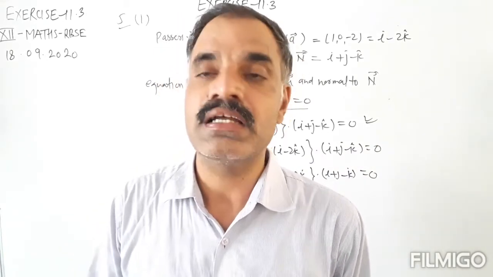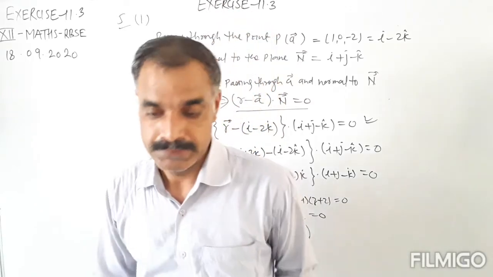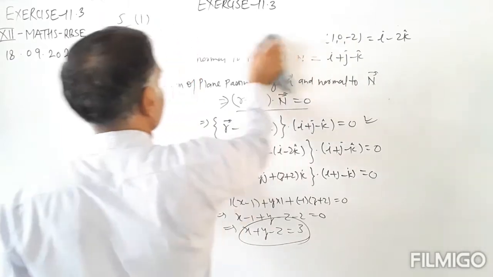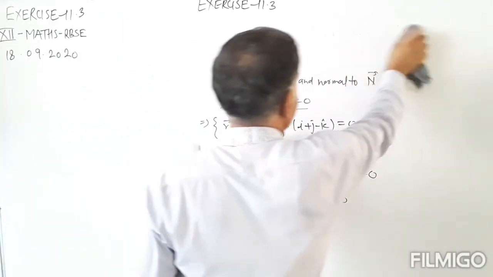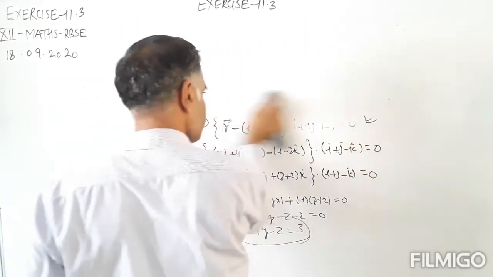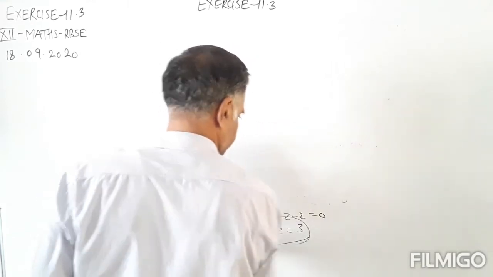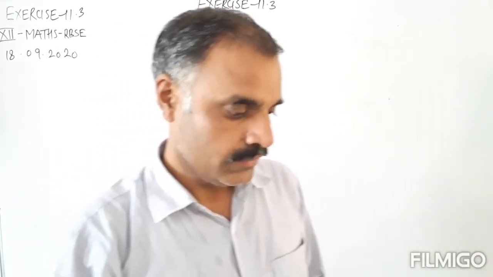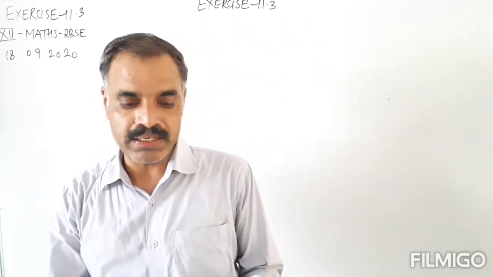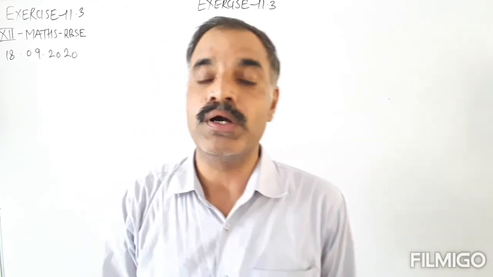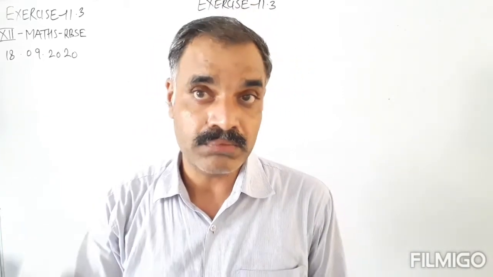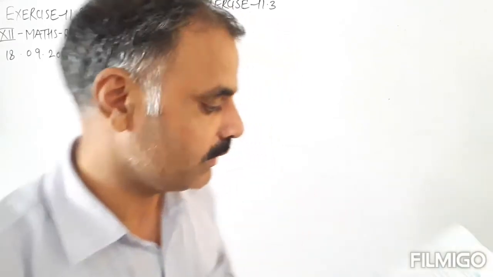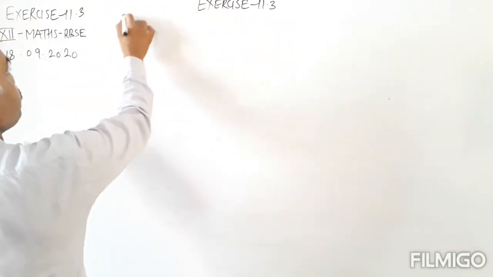So this was the first part of question number 5. Now let us take question number 6: find the equation of the plane passing through 3 points. We are solving the first part.